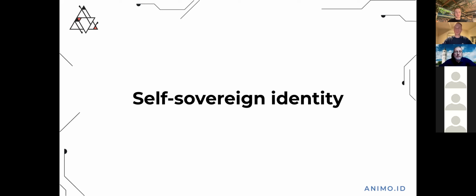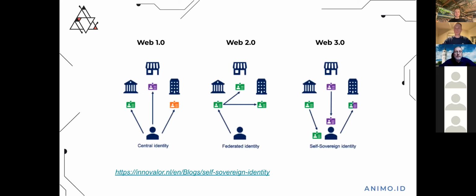I think in a nutshell, if we look at the different models of identity and where we came from, with the central identity, you create an account at every service or website, and everyone will ask you for a username and a password, and you create a unique account.